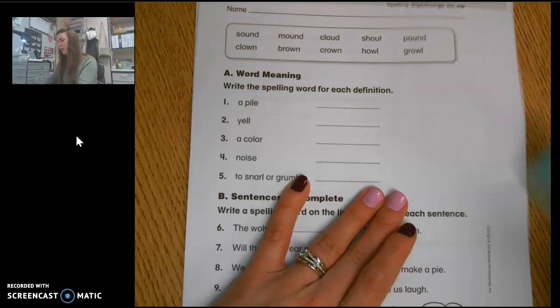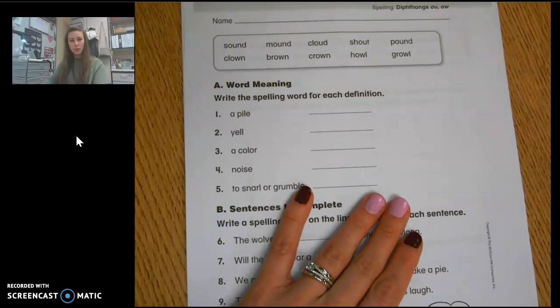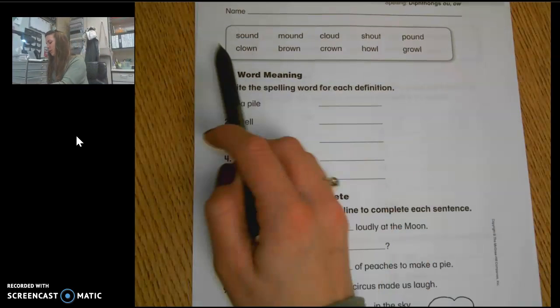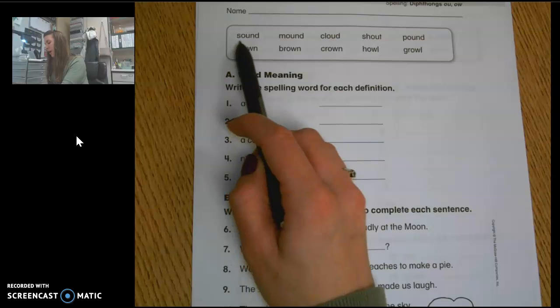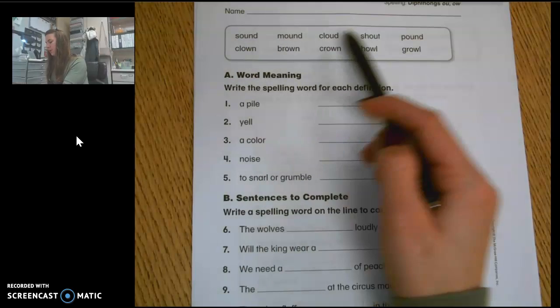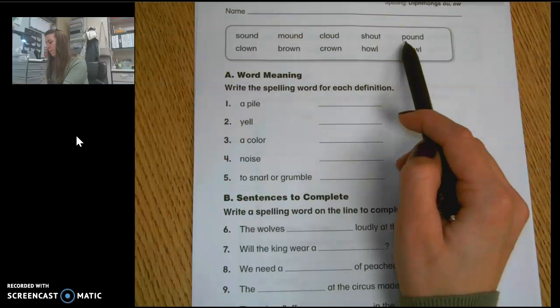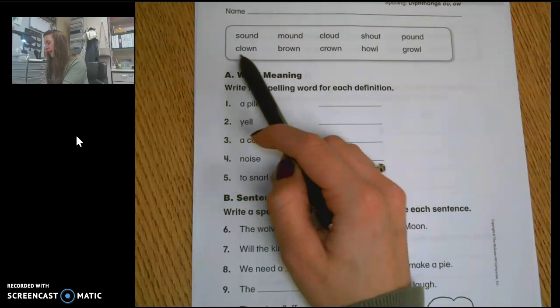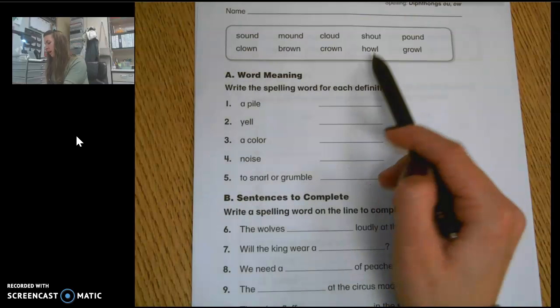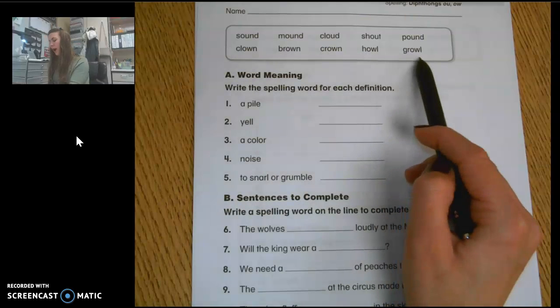But this time, we are going to talk about when OW and OU make the ow sound, like in these words. We have sound, mound, cloud, shout, pound, clown, brown, crown, howl, and growl.